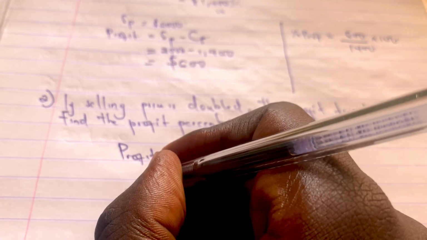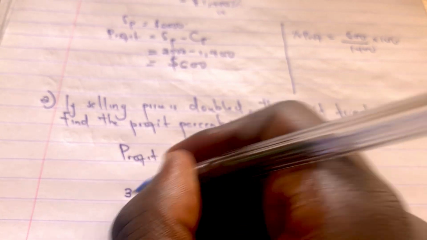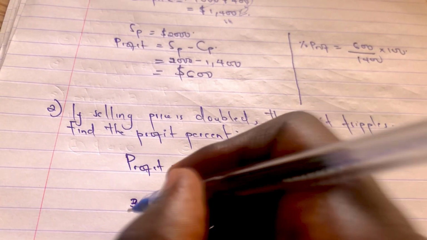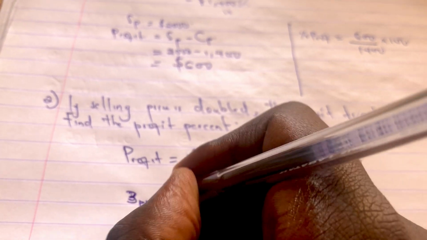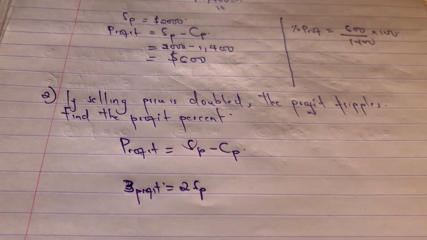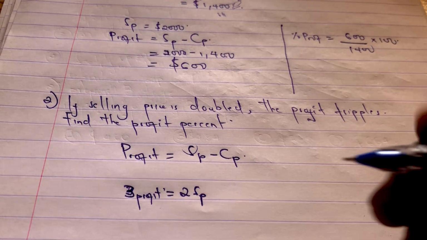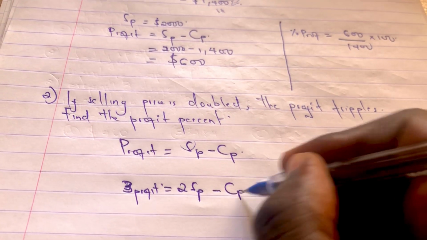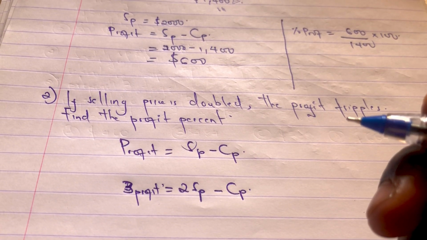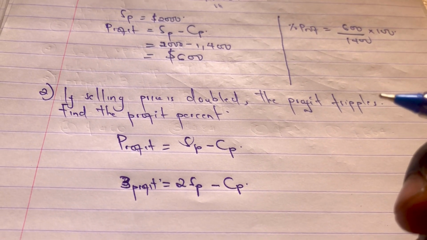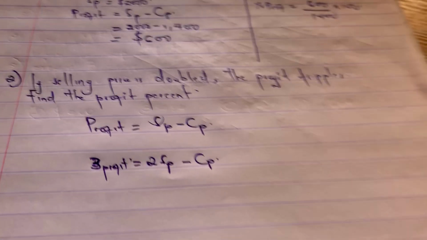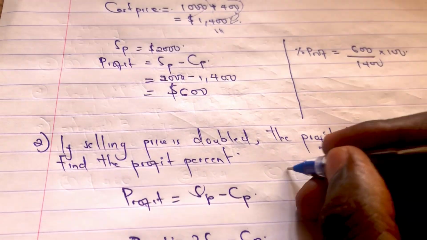The profit will be 3 times the profit. If it triples, it becomes 3 times the profit. Are we together? But they haven't said anything about the cost price. So they want us to find the profit percent. Continue here.